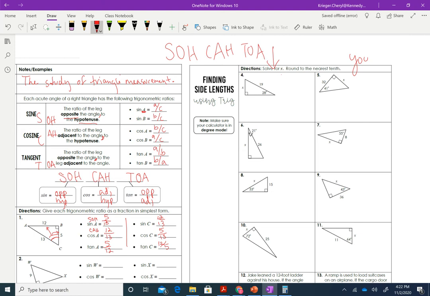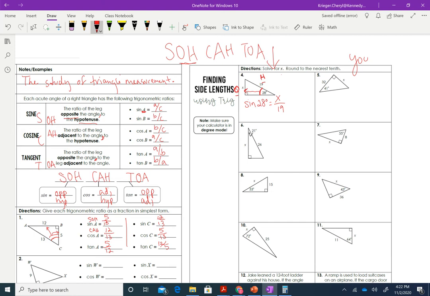So we're given an angle, the hypotenuse, and in reference to 28 degrees, this would be opposite, right? So you're asking yourself, which trig function has an O and an H? That's sine. So we use sine of 28 degrees equals opposite over hypotenuse.